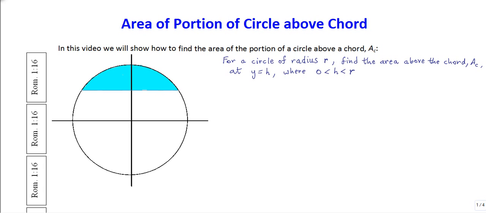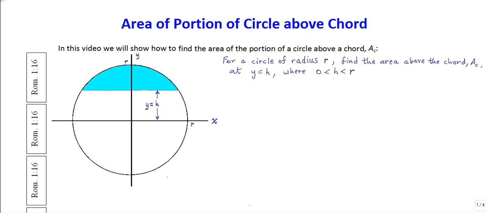Okay, so let's go ahead and label the figure with some of the symbols. We have the x-axis, the y-axis. We are told that the circle has a radius of r, so I'll put that down. And we also know that the chord is at a height y equals h.